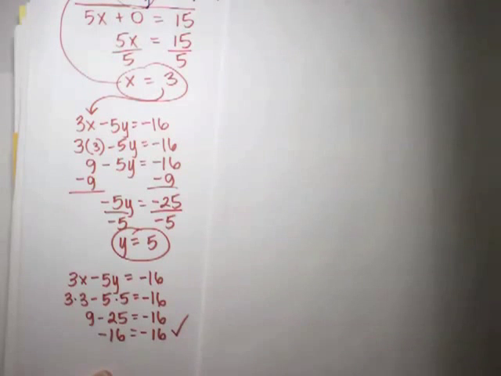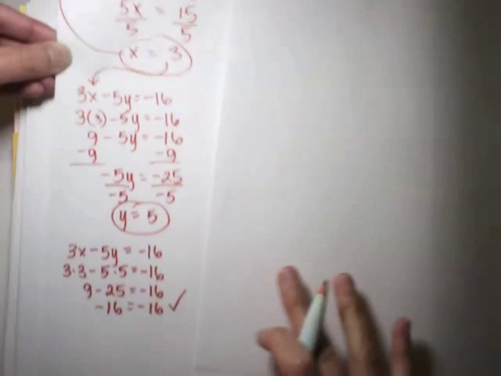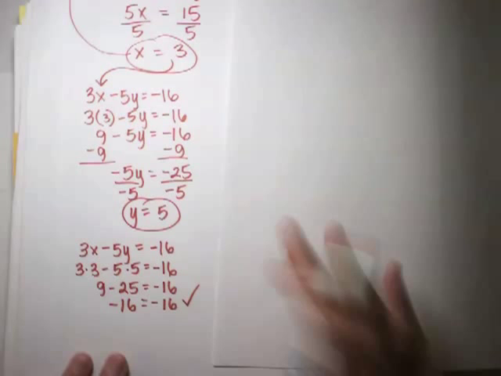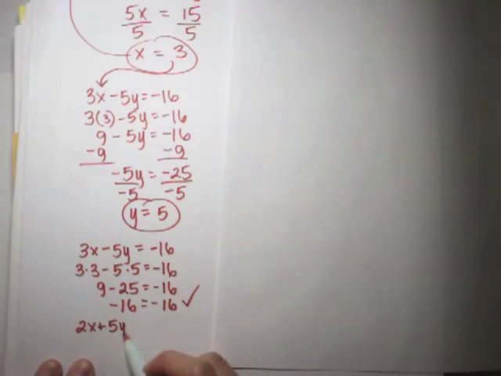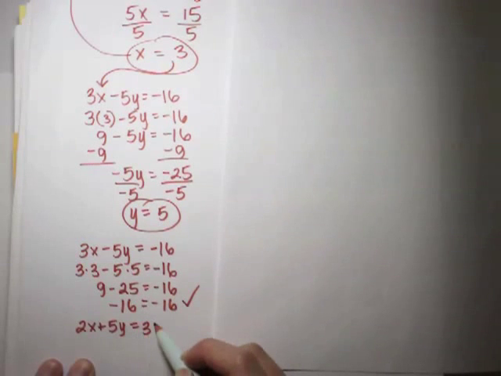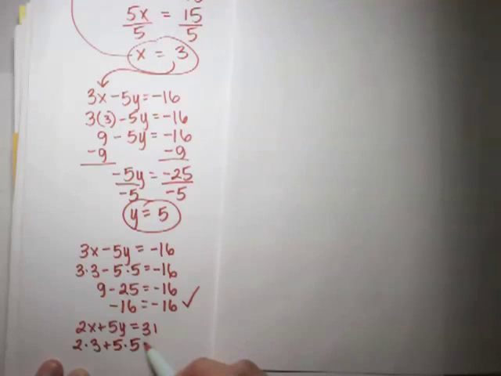checks out. Now we're going to plug this back into our second equation, which was 2x plus 5y is equal to 31. We have 2 times 3 plus 5 times 5 is equal to 31.